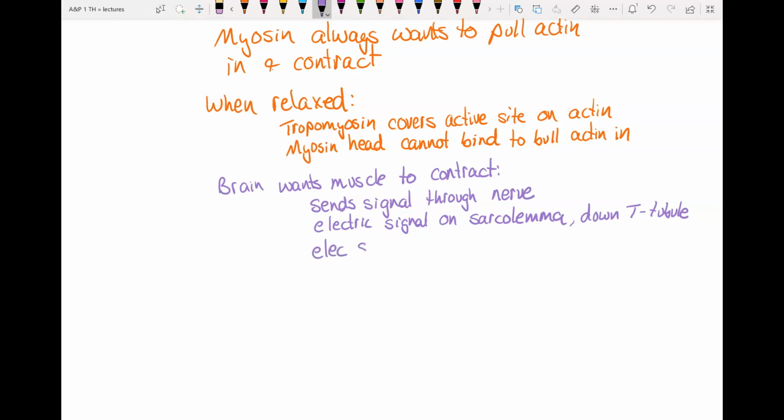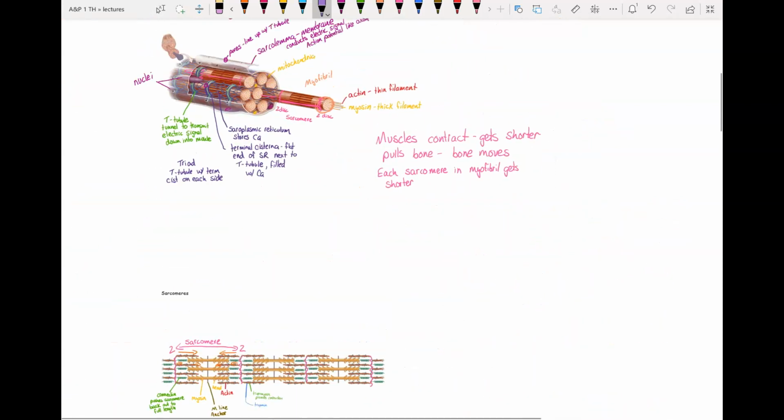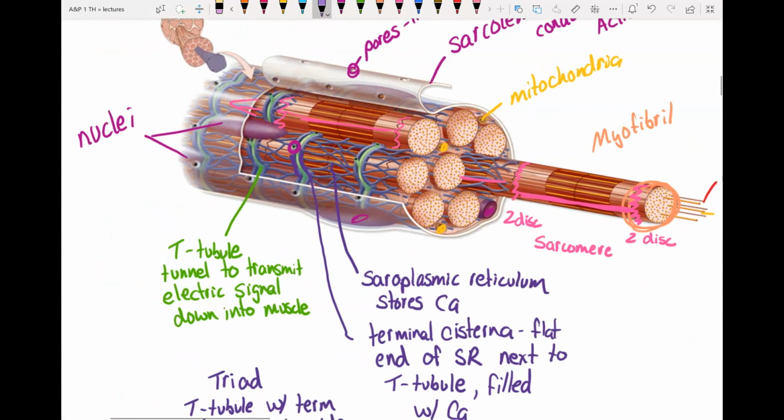So the electric signal in the T-tubule stimulates the terminal cisterna. And if you need to, go back and look at the picture of that. We'll just go ahead, we'll look. Right there, the T-tubule. Remember, it has a terminal cisterna on each side.